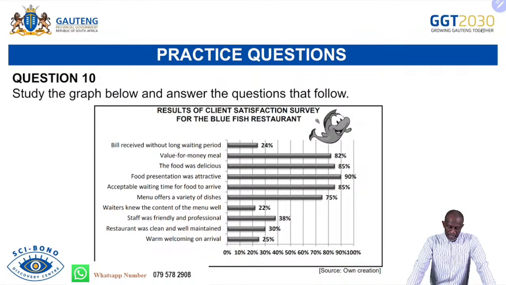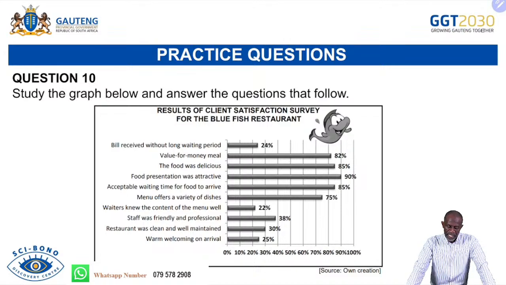The service levels have been categorized. Bill received with long waiting period, 24% were complaining about that. The value for money meal, a positive here, 82%.